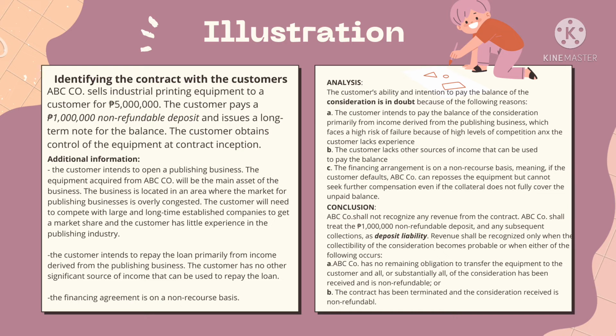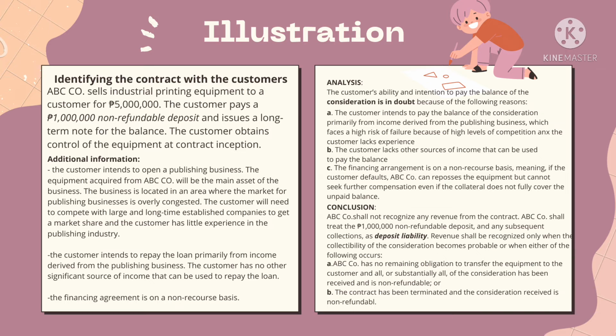Second, the customer lacks other sources of income that can be used to pay the balance. And last, the financing arrangement is on a non-recourse basis, meaning if the customer defaults, ABC Company can repossess the equipment but cannot seek further compensation even if the collateral does not fully cover the unpaid balance.